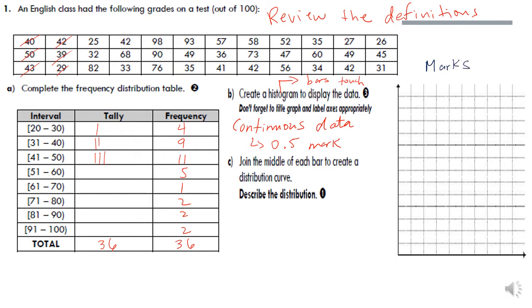The y-axis for these is always going to be frequency. And our x-axis is going to be what the actual variable was, which in this case, it was grades. So down here, I'm going to write grades.